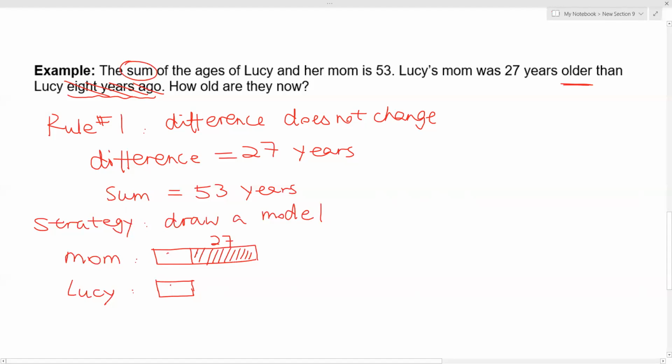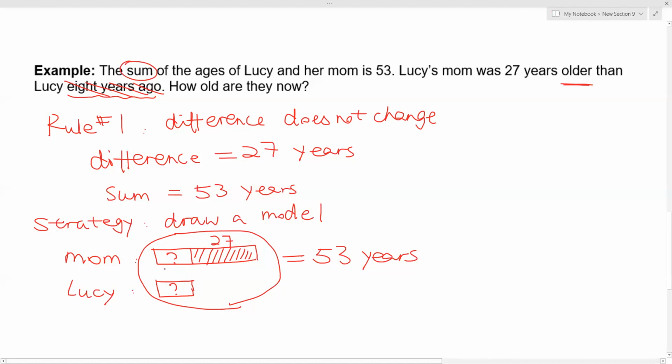And the other piece of information tells us that everything here together is 53 years. So the only thing that we need to figure out is the size of these two equal size boxes, right?